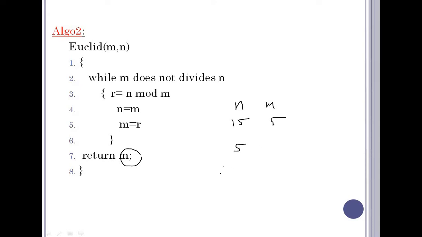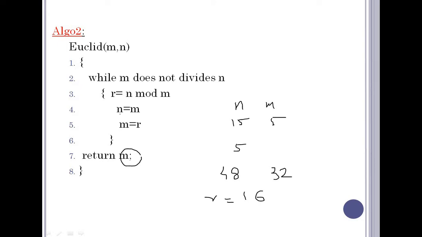For example, suppose we have 48 and 32. Here 32 does not completely divide 48, so it will enter the while loop and compute n mod m. If I do n mod m, I get the remainder r as 16.